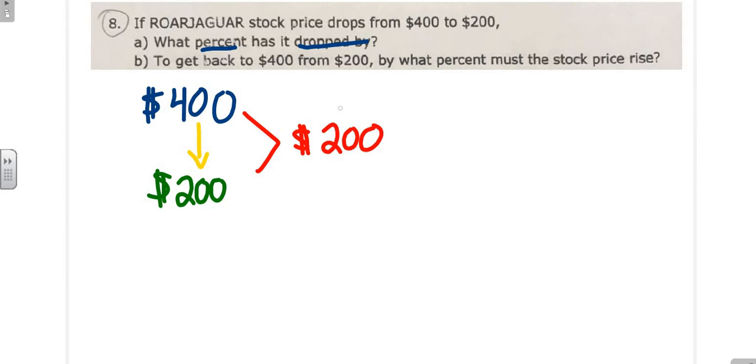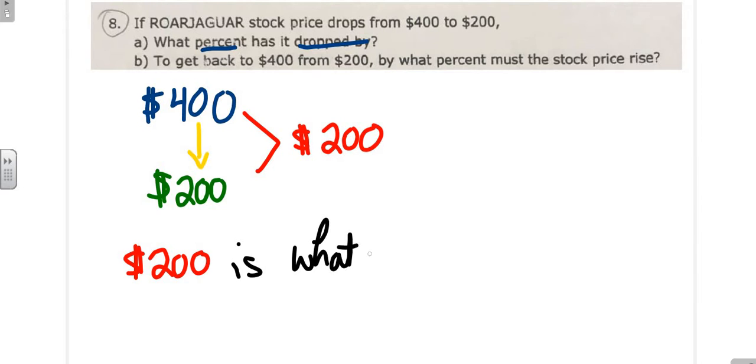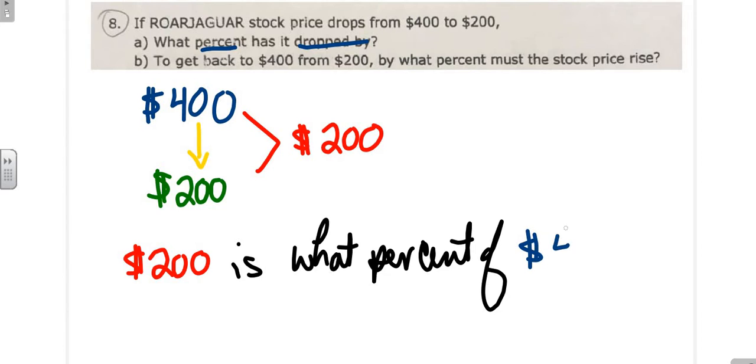So what it's basically asking is $200 is what percent of $400. That would be in the question form. $200 is what percent of $400.